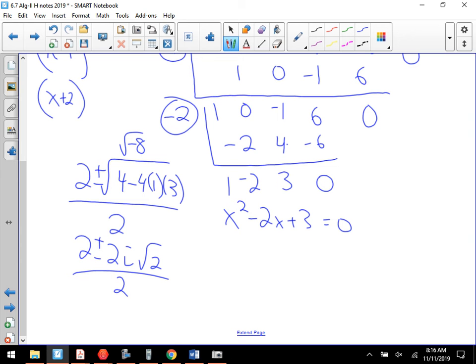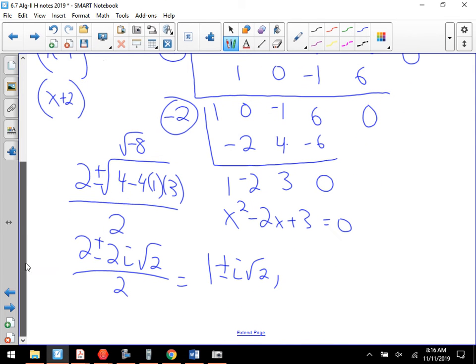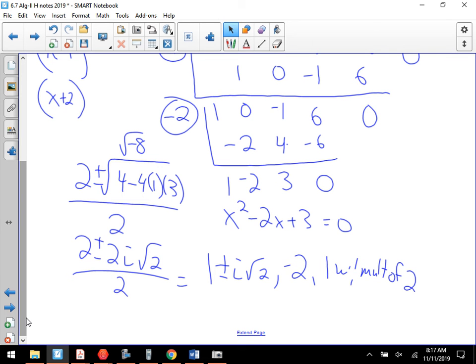Take out the 2. So now we can list out all of our zeros. These are at 1 plus or minus i root 2, and then my other ones were at 1 with multiplicity of 2 and negative 2. So there's your 5 zeros.